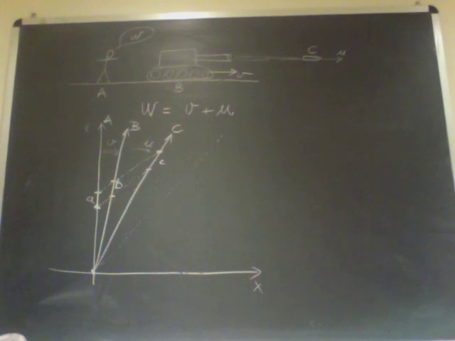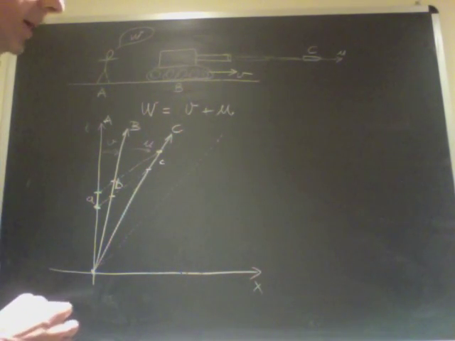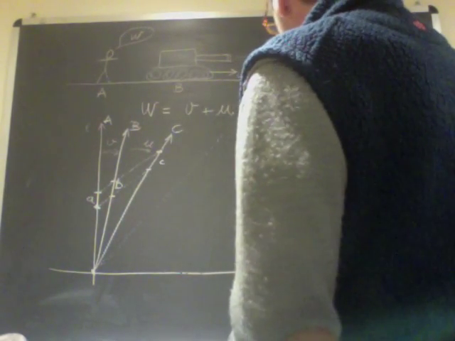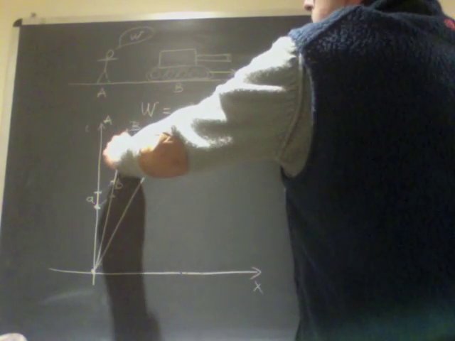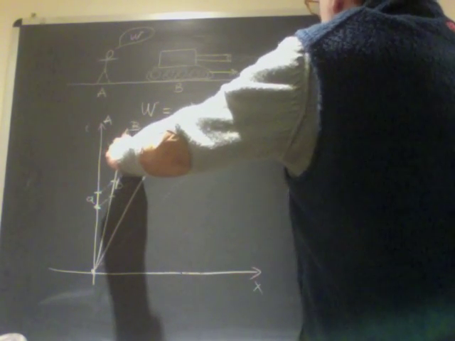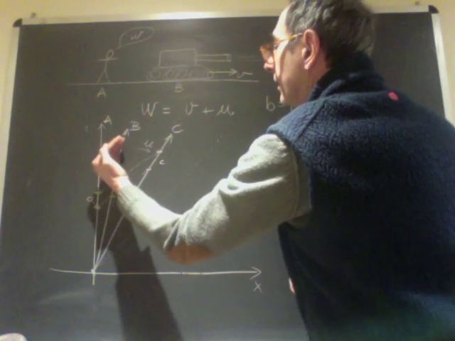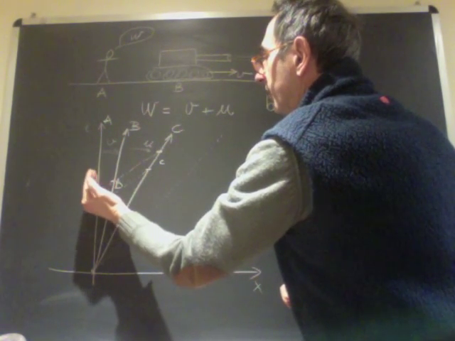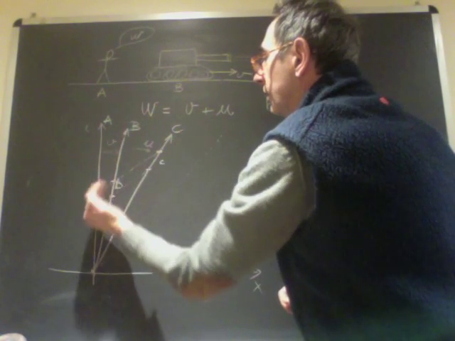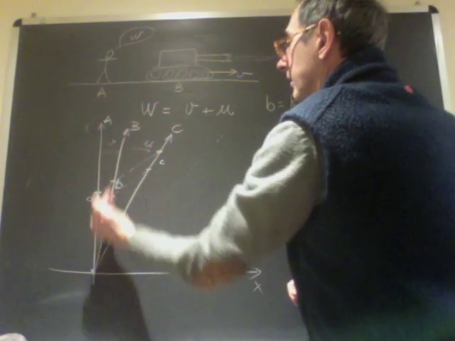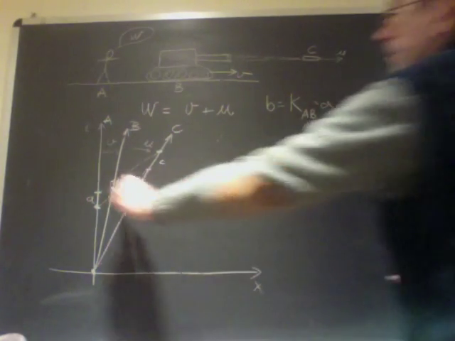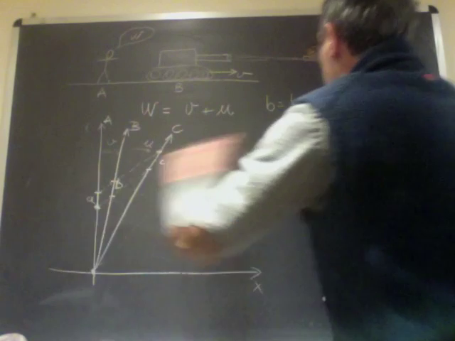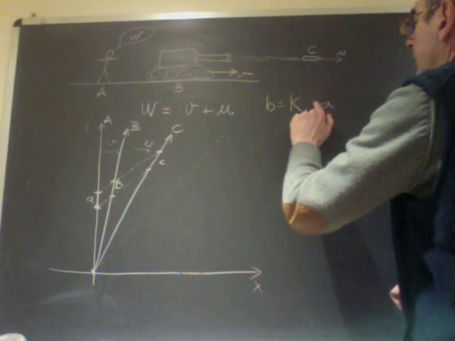And what we know from the K-calculus is that b is equal to K_AB, where with AB I represent the K corresponding to this displacement, times a. So the segment b is equal to the segment a multiplied by the K factor K_AB.